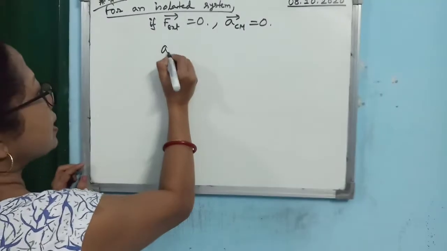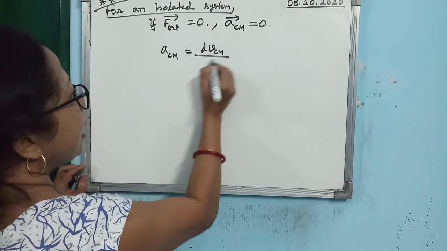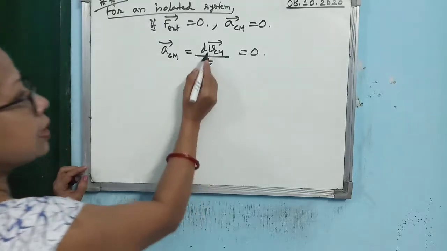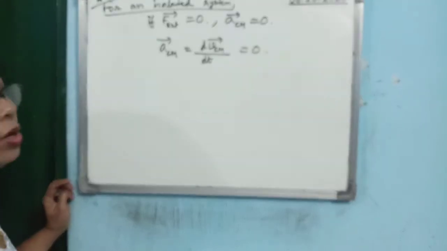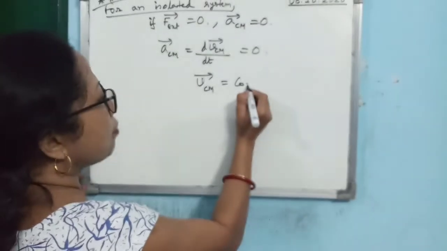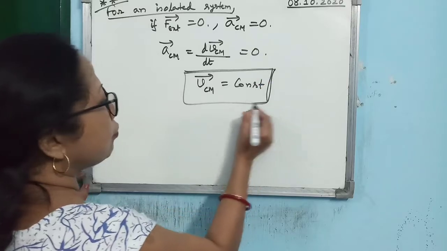Now you know acceleration is equal to d V_cm by dt. So acceleration 0 means d V_cm by dt equal to 0. So what does it mean? Velocity of the center of mass will be constant. This is the most important one.